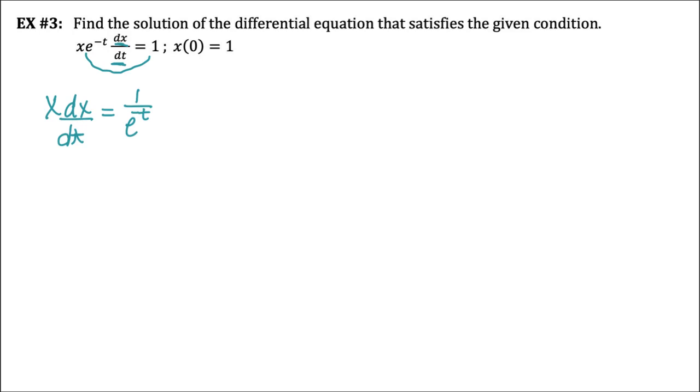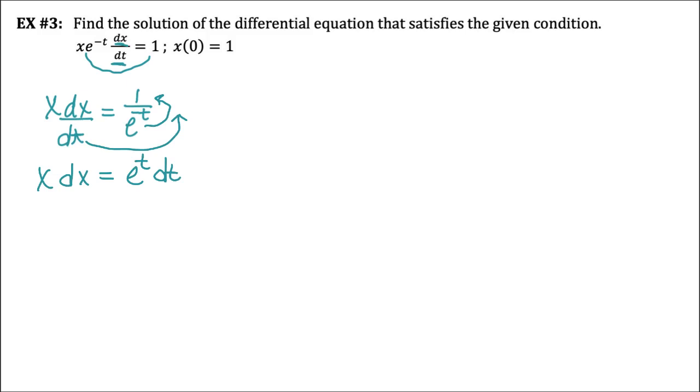along with, I can go ahead and flip this over, can flip that over, and I can move dt up. So I'm going to have x dx equals e to the t dt.